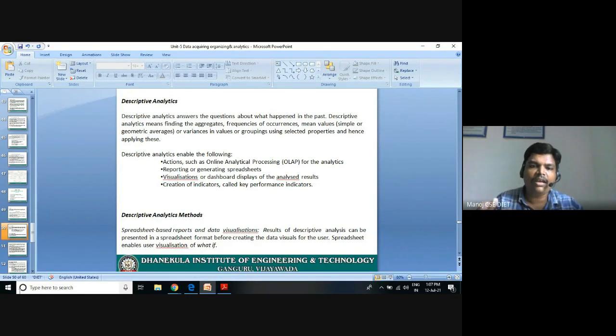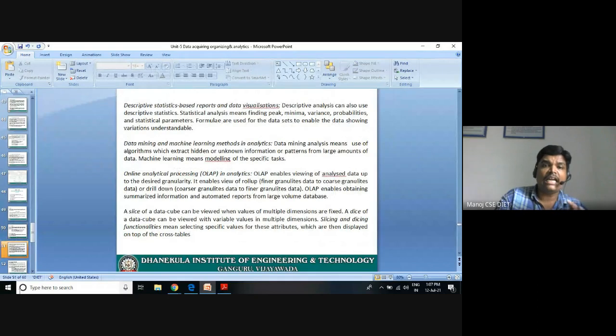Coming to descriptive analytic methods: spreadsheet-based reports and data visualizations. Generally you all know what is meant by worksheets and spreadsheets. The results of these descriptive analyses can be presented in spreadsheet format. Before creating these visuals for a user, the spreadsheet enables the user visualization, the what-if. Then descriptive statistics-based reports and data visualization.